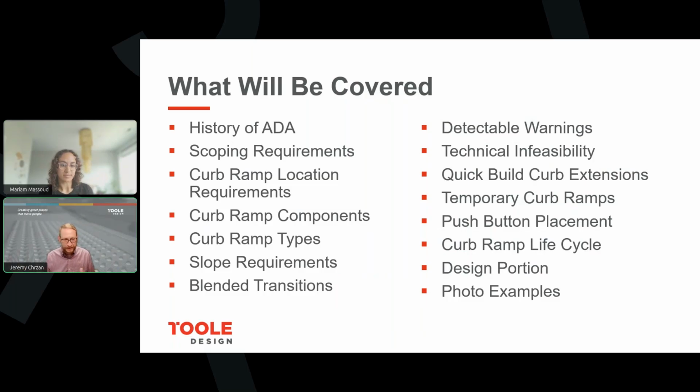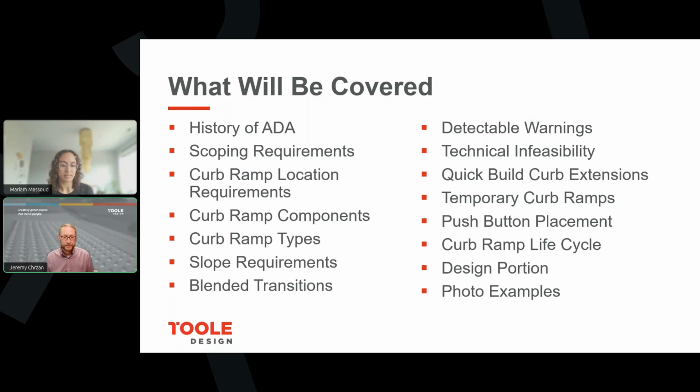So today, this is the quick summary of what we'll be going through. We will start with a quick history of the ADA, get into some of the scoping and administrative things around accessible implementation and design. And then we'll get into the technical details, the curb ramps themselves, the different types, the slope requirements, how that relates to quick build and temporary installations during construction, as well as some of the signalization pieces, since the accessibility of push buttons is so tied to the placement and design of curb ramps.